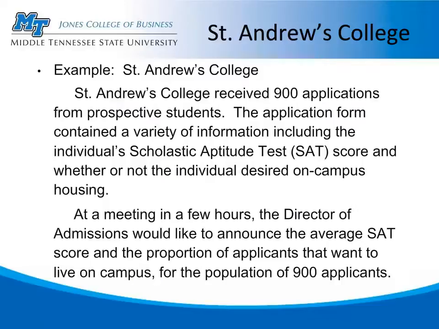That was qualitative or categorical. They have all these applications in, but they don't have the ability to instantly come up with the numbers. They have just a few hours, and they would like to make a statement about the average SAT score and how many of the applicants want to live on campus for the entire population. So they're going to look at a sample.